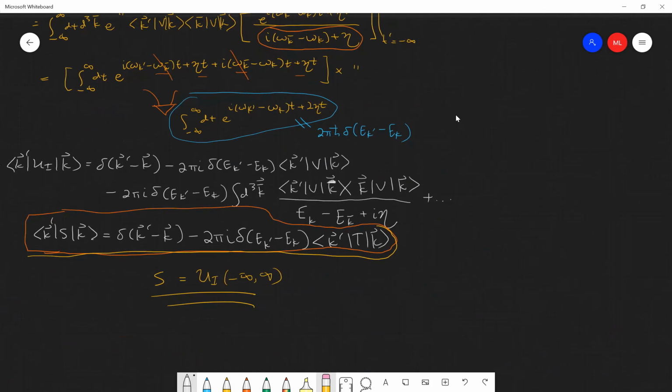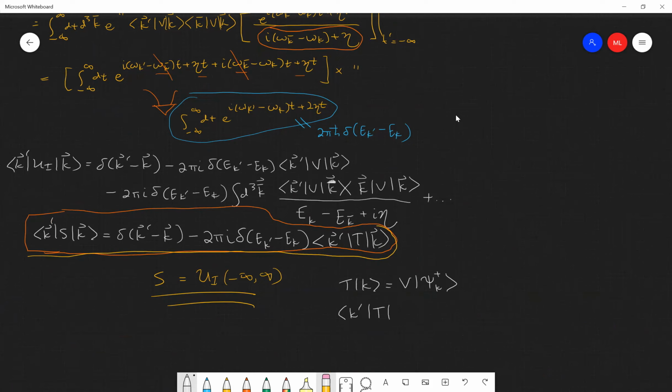One is that T acting on k has to be equal to V acting on psi k, the full solution. So that's another thing. And now you could sandwich this between k prime.